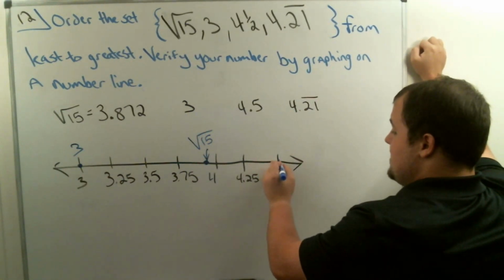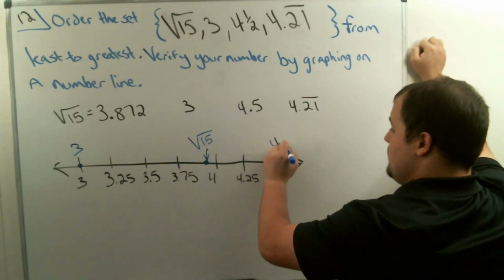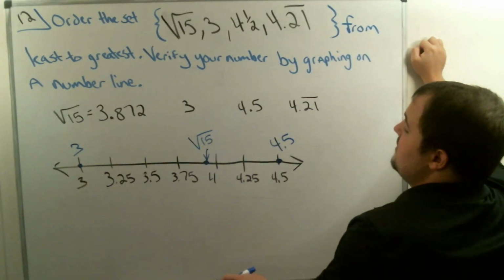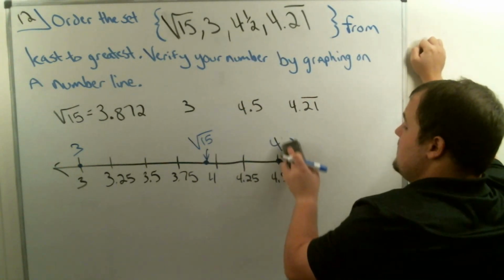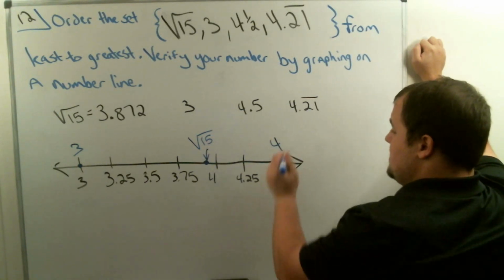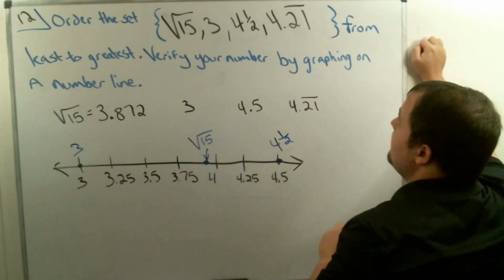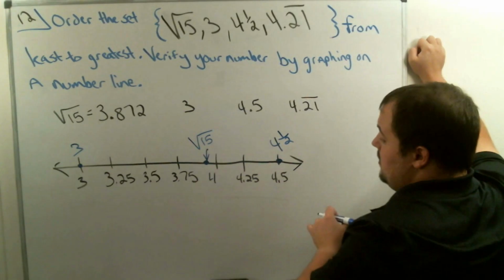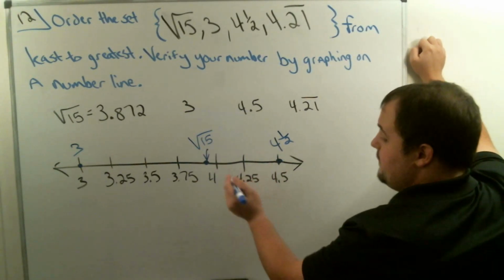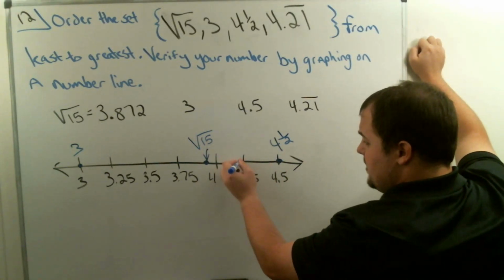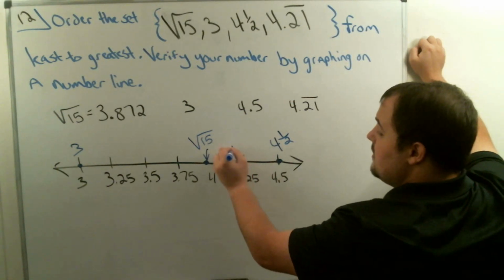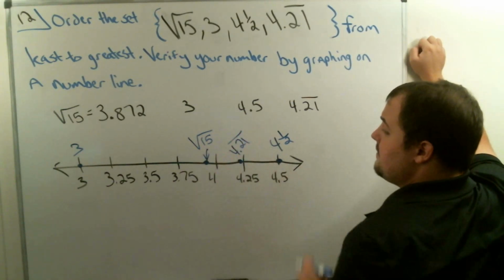Next number is 4.5. Well, that's already marked, so all I have to do is write that this is 4.5. And then 4.21, well, this is 4.25, so 4.21 would be very, very close. And it's going to be right there.